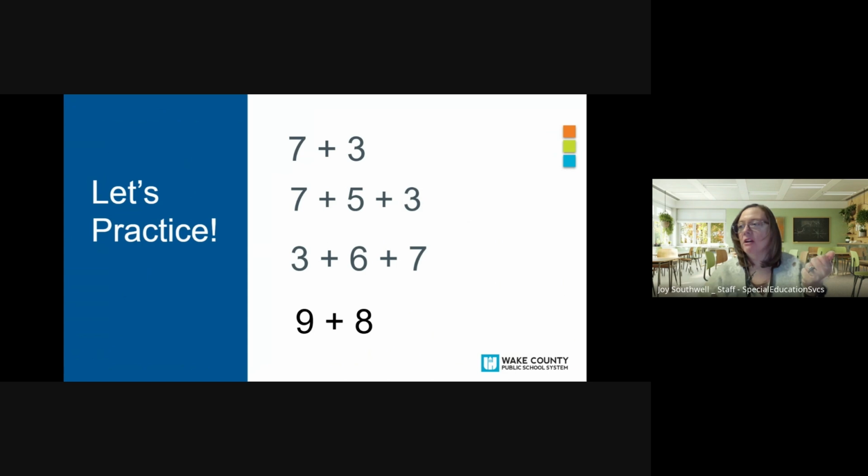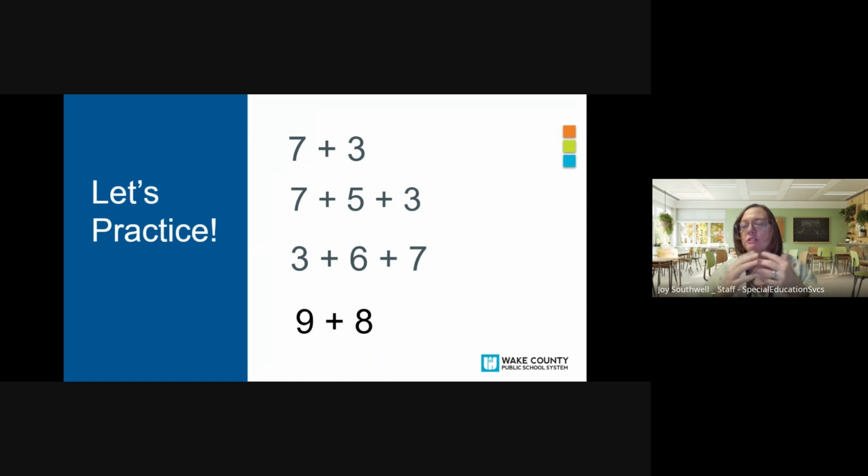Somebody else may also decompose 9 into 3 plus 6, plus 7 plus 1. You'll be really surprised at how your students are thinking. And then they say, well, I know that 3 plus that 7 is 10, and I still have that 6 plus 1, which is another 7, and that would give me 17.